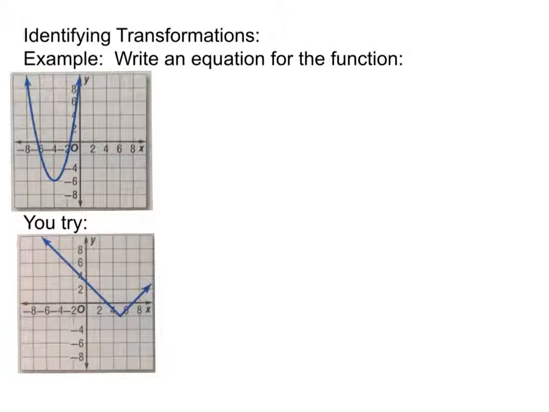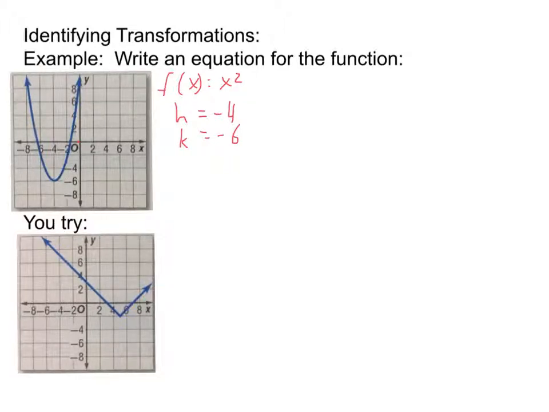For this first one, that's a parabola, so I know that has to be the parent function f of x equals x squared. I know that normally the parent function starts at 0, 0. But this one has been shifted left 4, so I know that h is equal to negative 4, and it's been shifted down 6, so k is negative 6. So it's shifted or translated left 4, down 6.